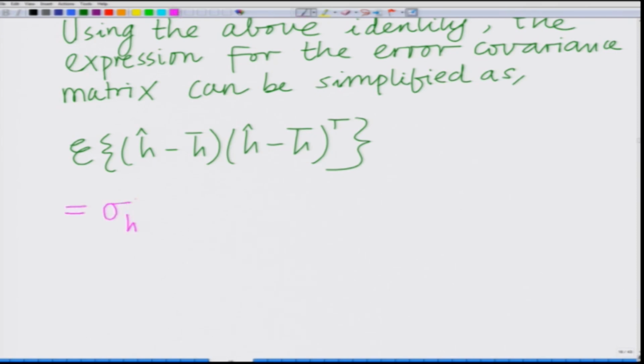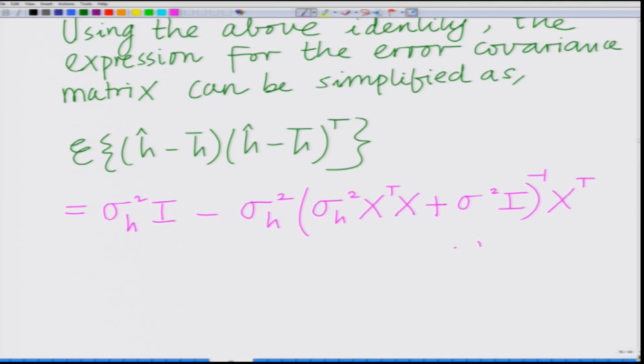This is equal to sigma h square identity minus, now instead of sigma h square x transpose x transpose sigma square identity inverse, I am going to employ sigma h square x transpose x plus sigma square identity inverse into x transpose times sigma h square x transpose x.